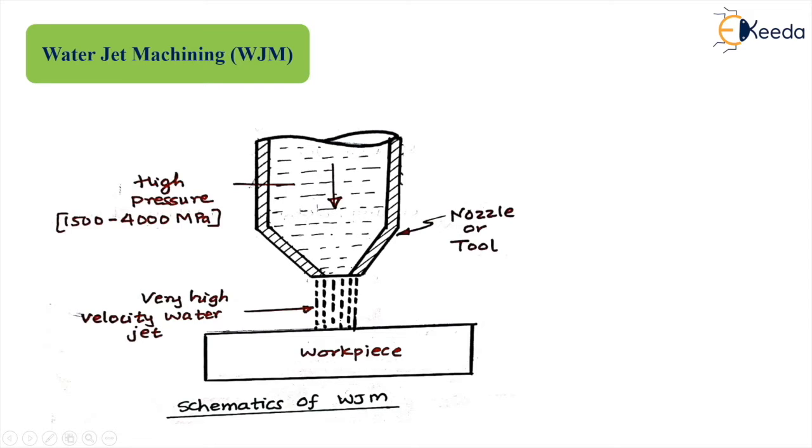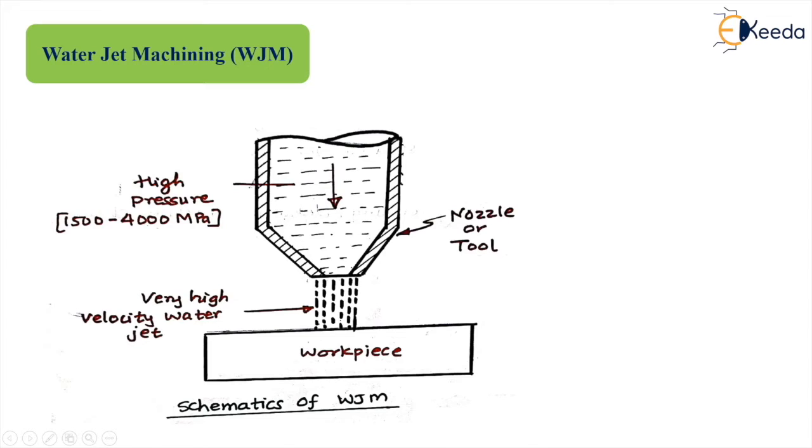It is also known as the etching process. So the mechanics of this water jet machining is plastic deformation and fracturing. Now to withstand the high pressure of water, the nozzle or tool material is made up of tungsten carbide, WC.